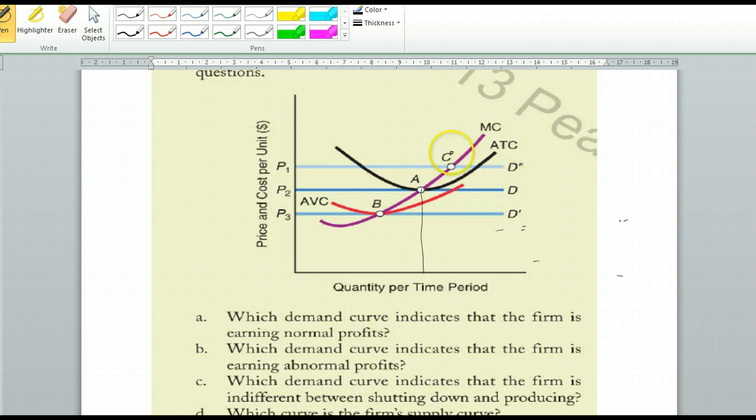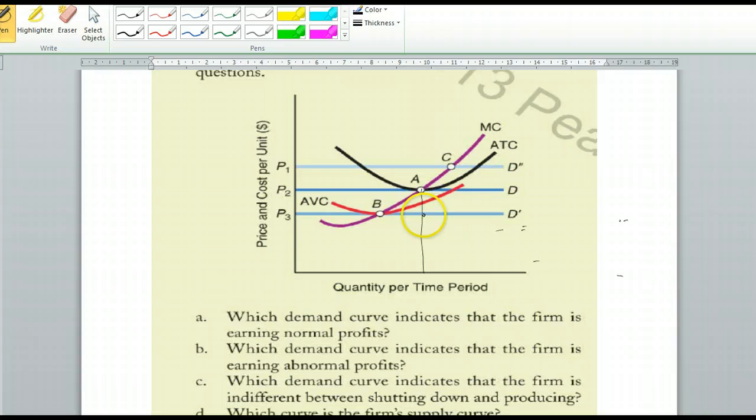So notice that this is happening at the minimum point of the average total cost, because minimum point of the average total cost is through which the demand curve is passing, and marginal cost must also pass through the same point because marginal cost curve passes through the minimum average total cost, right? That we know from our chapter 9 discussion.